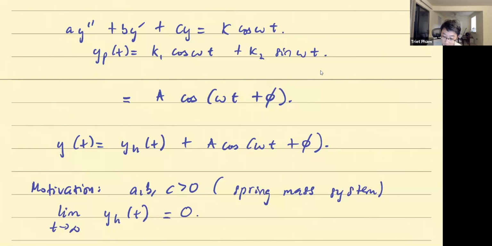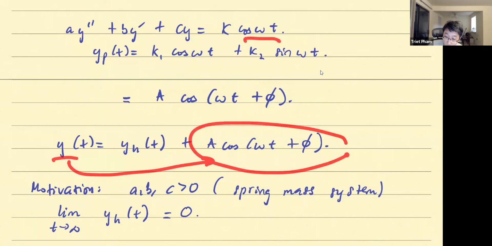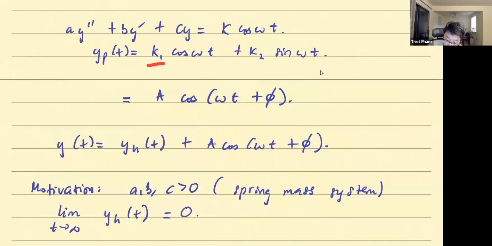So as time goes on, with a forcing function like this, your solution will converge to the steady state solution of this form.